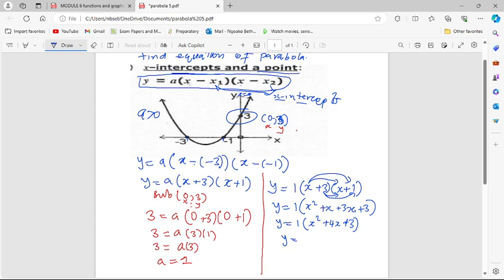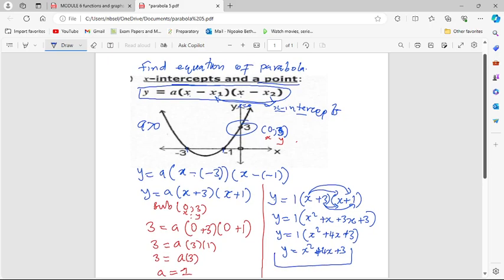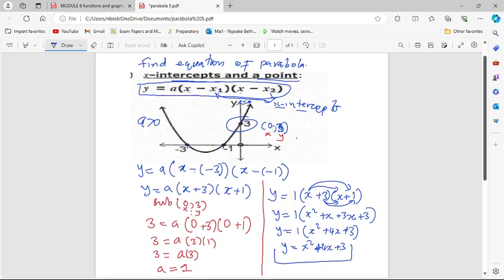So 1 multiplied by x squared gives x squared, 1 multiplied by positive 4x gives positive 4x, and 1 multiplied by positive 3 gives plus 3. Now this is the equation of the parabola given the x-intercepts and any other point on the graph.